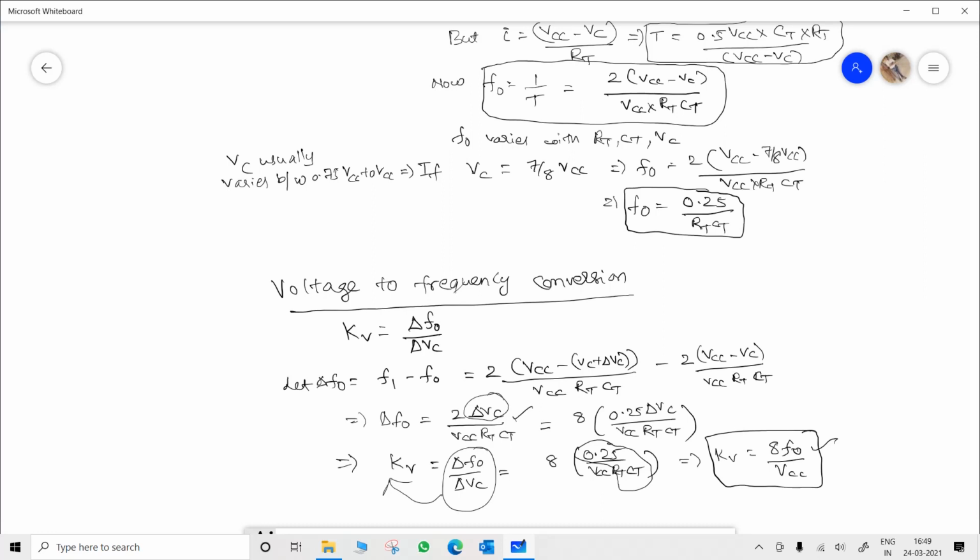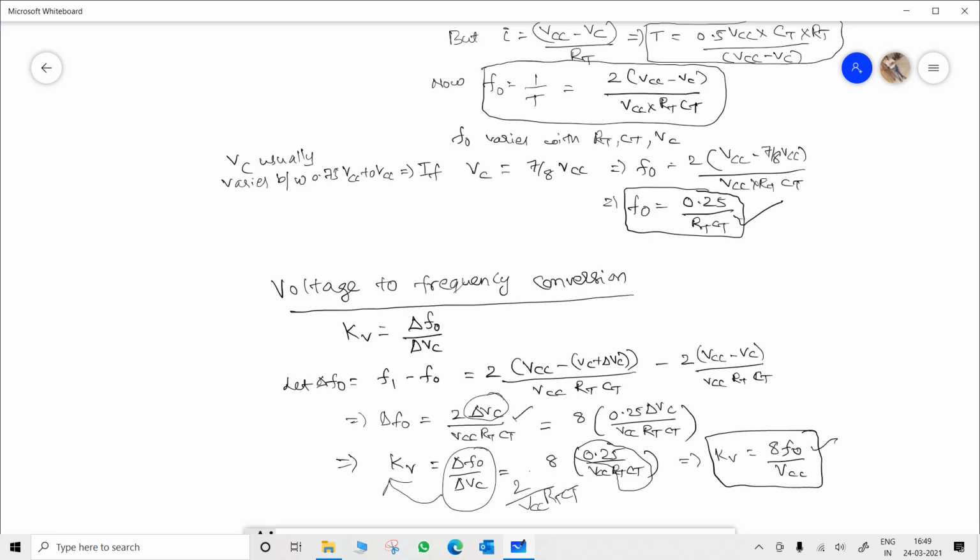This is 2 by Vcc into RT into Ct. But you can rewrite this 2 as 8 into 0.25 by Vcc into RT into Ct. And we have already known that 0.25 by RT into Ct is equal to f0.